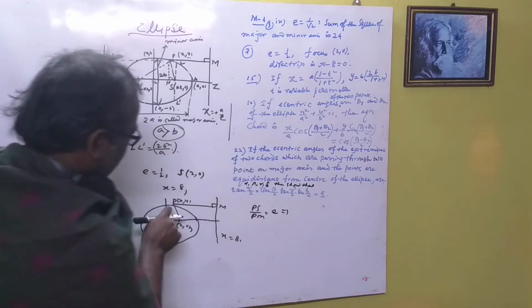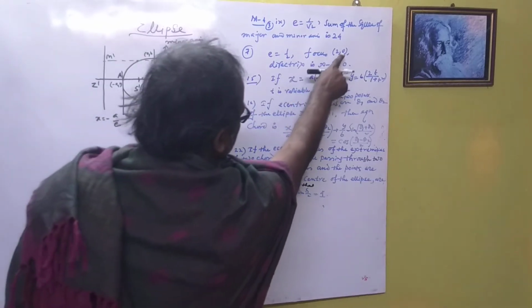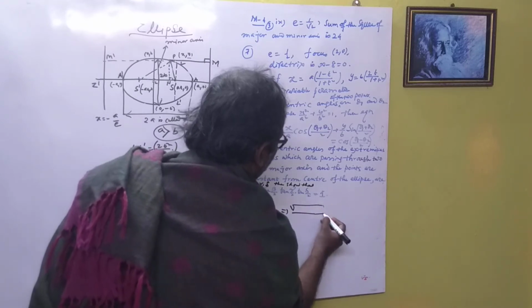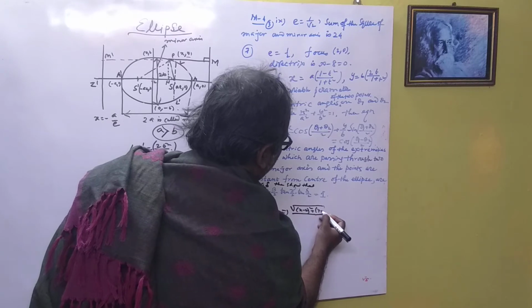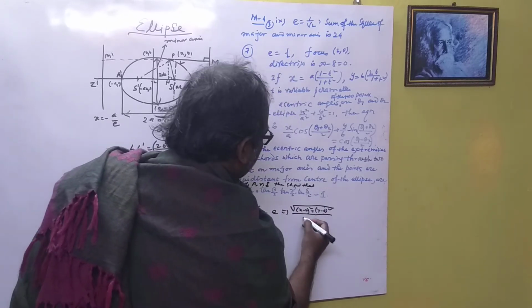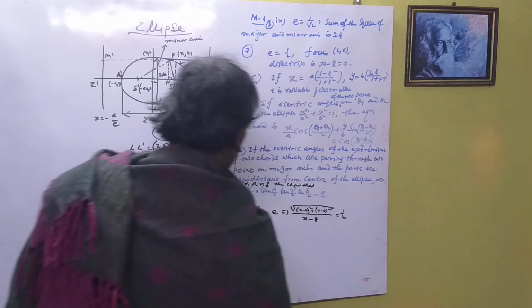PS is the distance between x, y and 2 comma 0, which is given here. So we can write root over x minus 2 whole square plus y minus 0 whole square, divided by PM, that is x minus 8, and is equal to half.